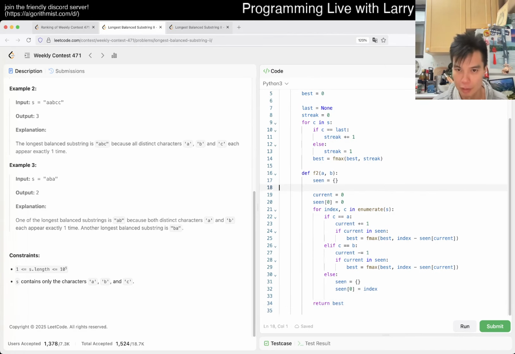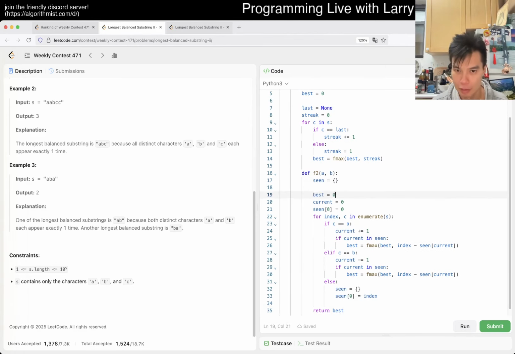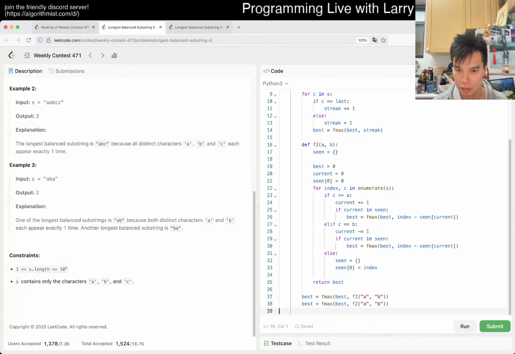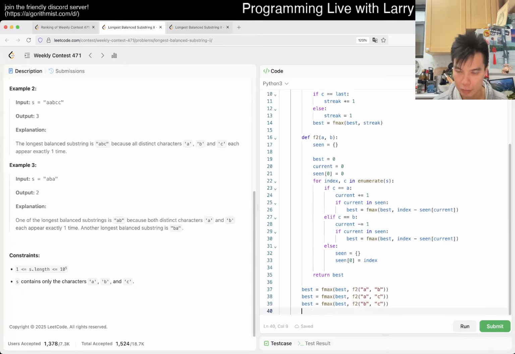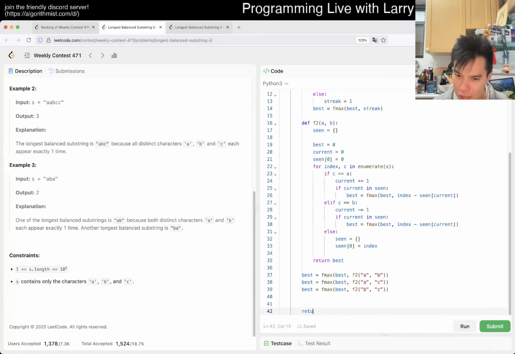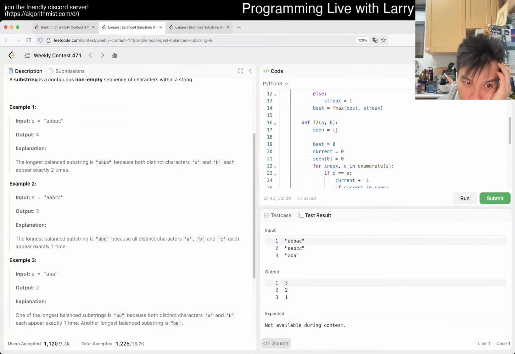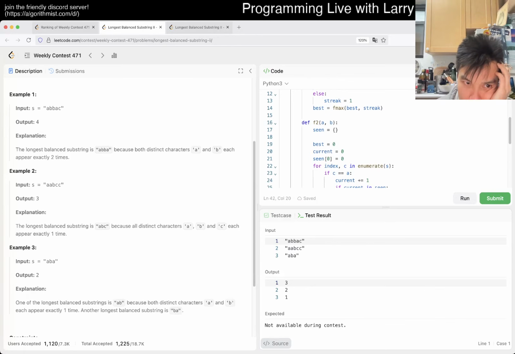Okay, fine. Then first is equal to, okay. How do I do the 3 case though? It always has to have all 3. Okay, I mean this is good.